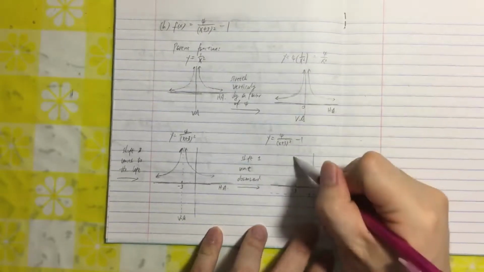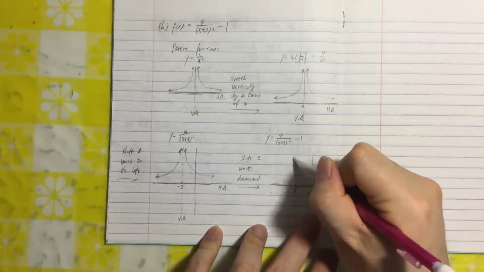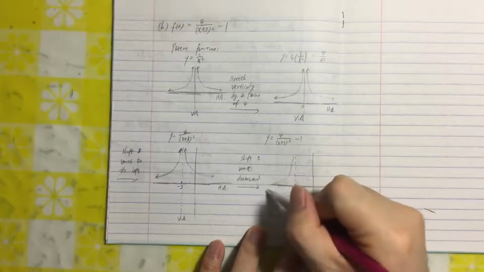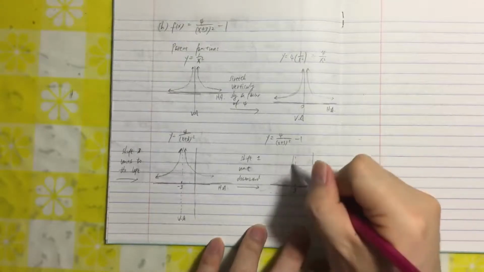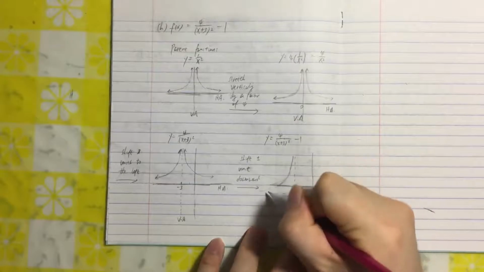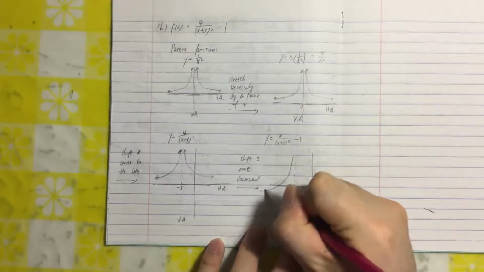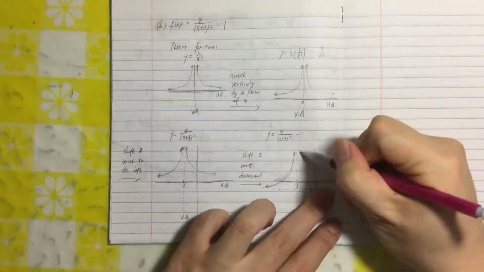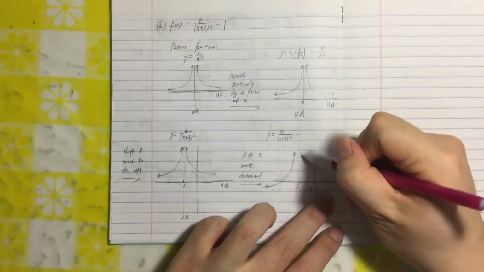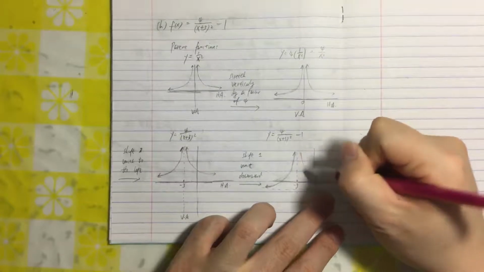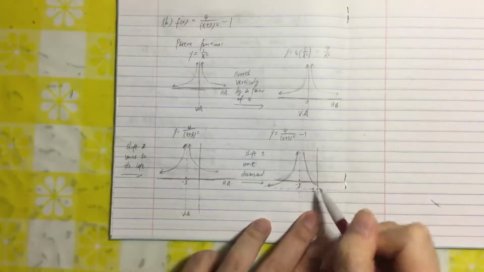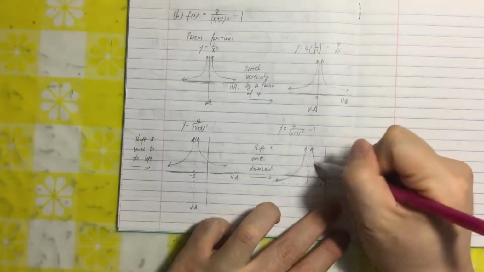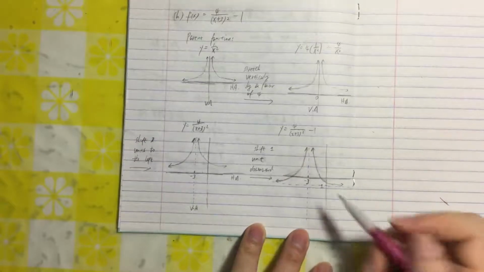So that's the graph. Next, let's find the asymptotes.